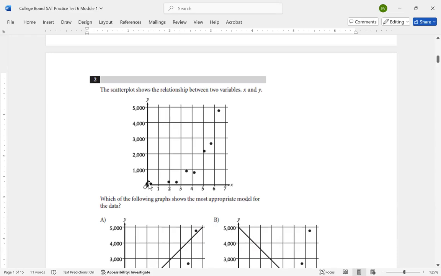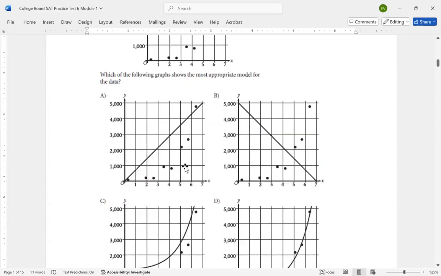Well, as you can see, in this graph we start out with a point that's pretty close, just above 0, and then just a little bit over 0. And then it turns up. And as we move towards the right, the increase in the Y values starts speeding up.